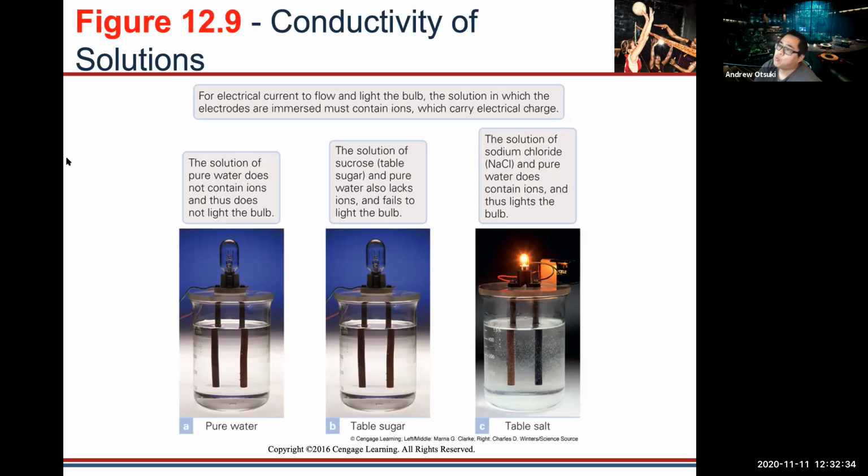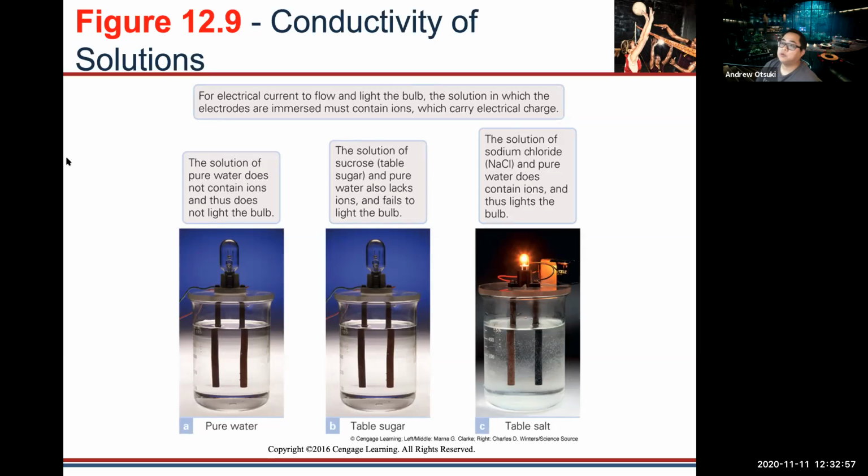Even though water is composed of very small amounts of protons, H plus and OH minus ions, it will not conduct electricity because those ion concentrations are so small at room temperature.